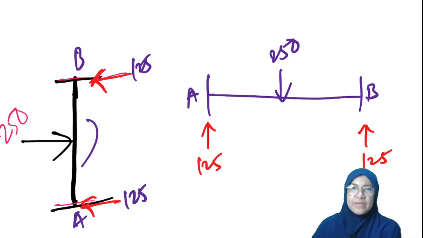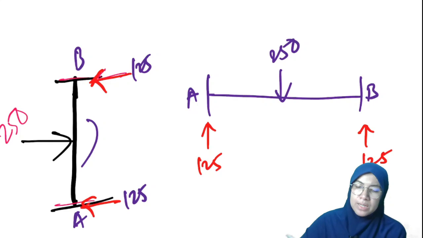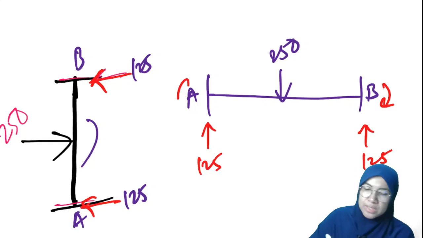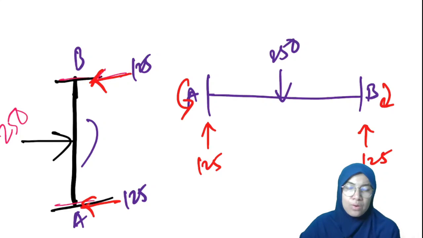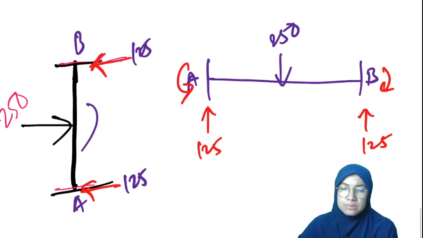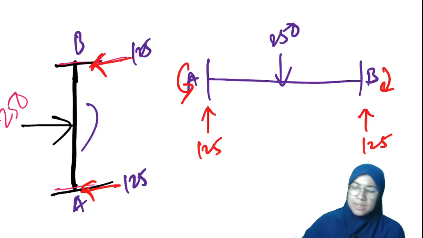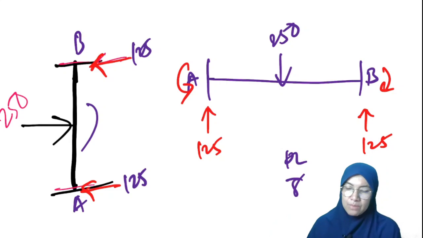For the fixed end moment, the moment always acts like this for a fixed-ended beam, and we need to use the formula. This one is not wL squared, this is PL over 8.